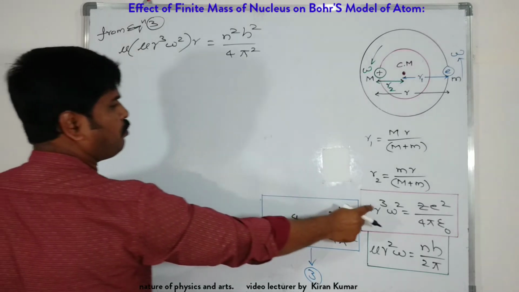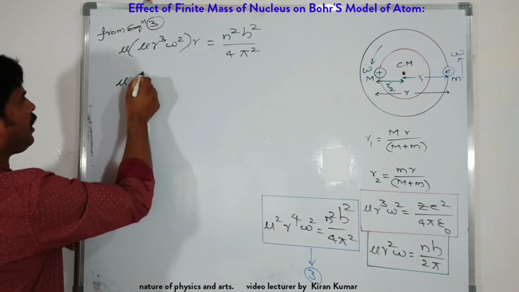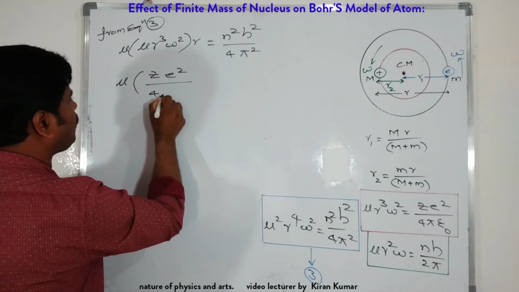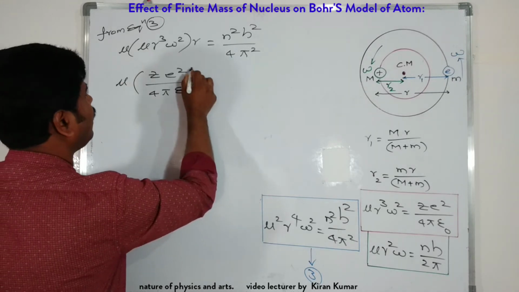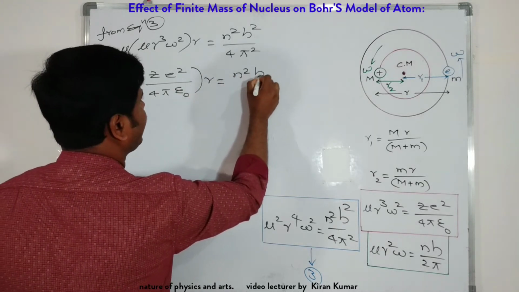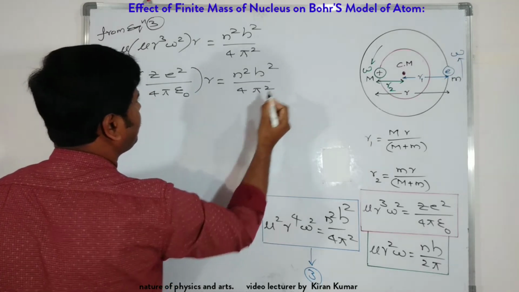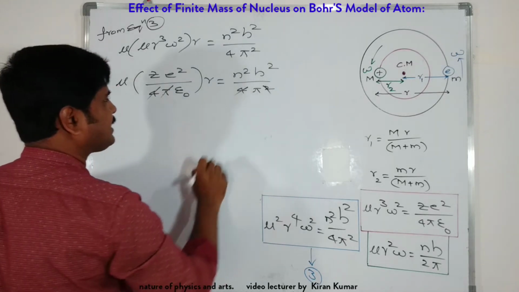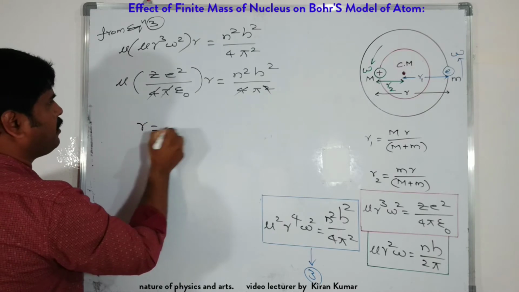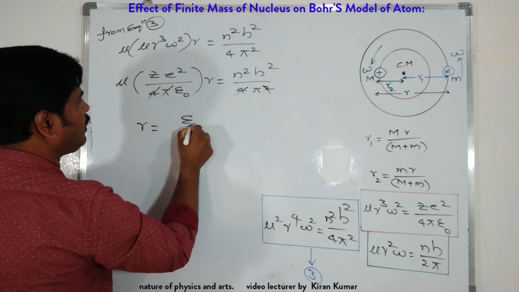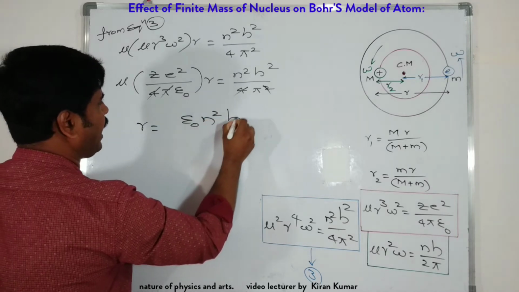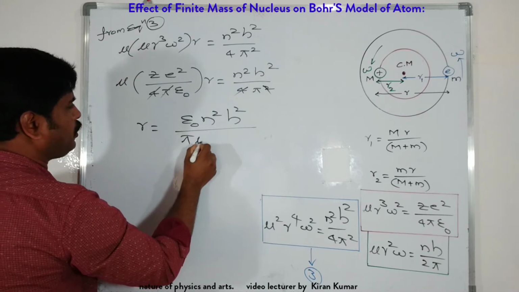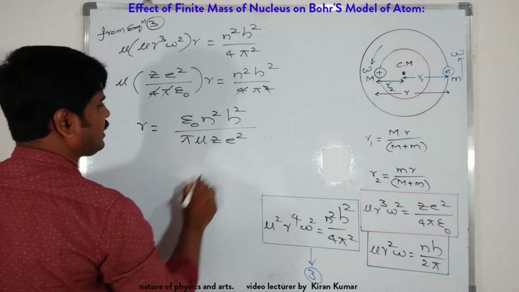Replacing mu r cube omega square, that is mu into z e square divided by 4 pi epsilon naught into r, equals n square h square divided by 4 pi square. Here 4 gets cancelled, pi square gets cancelled, and r is equal to epsilon naught n square h square divided by pi mu z e square.